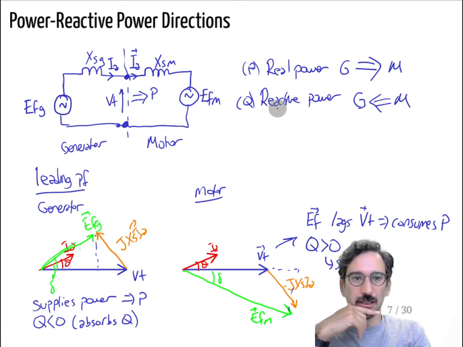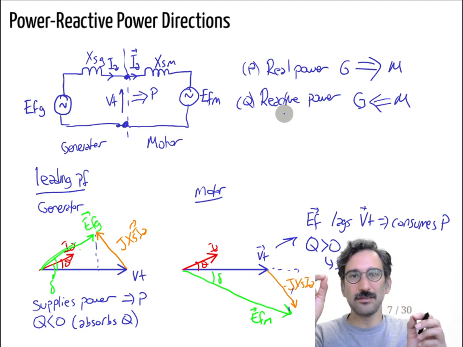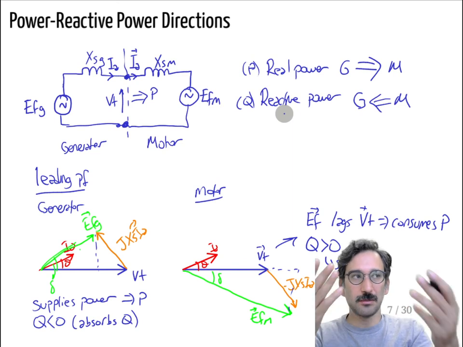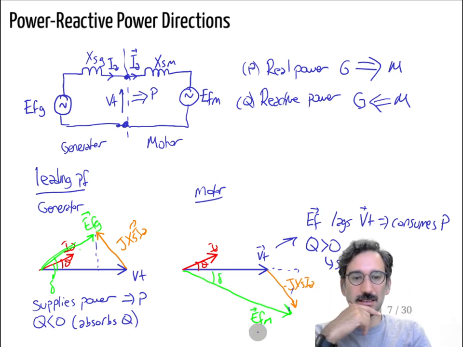However, for the reactive power, it flows from the overexcited side to the underexcited side. Overexcited side means IF is increased. Increasing IF means increasing the magnitude of EF, and the one with the larger magnitude of EF supplies reactive power. In this case, it is the motor side. Look at the magnitudes of the green vectors.